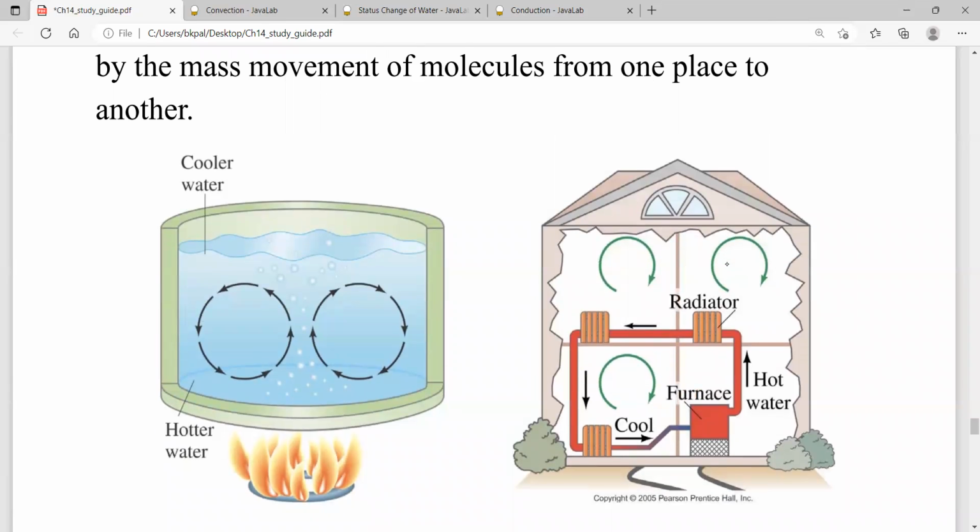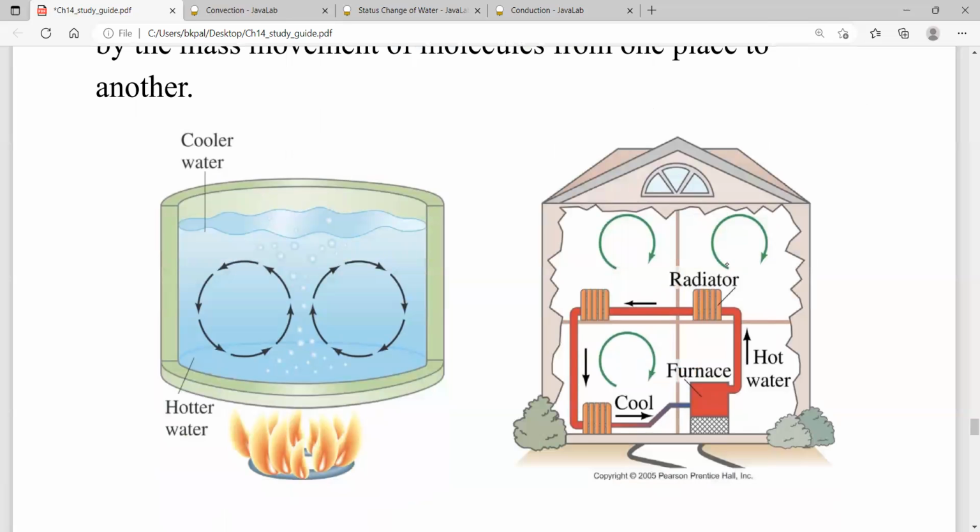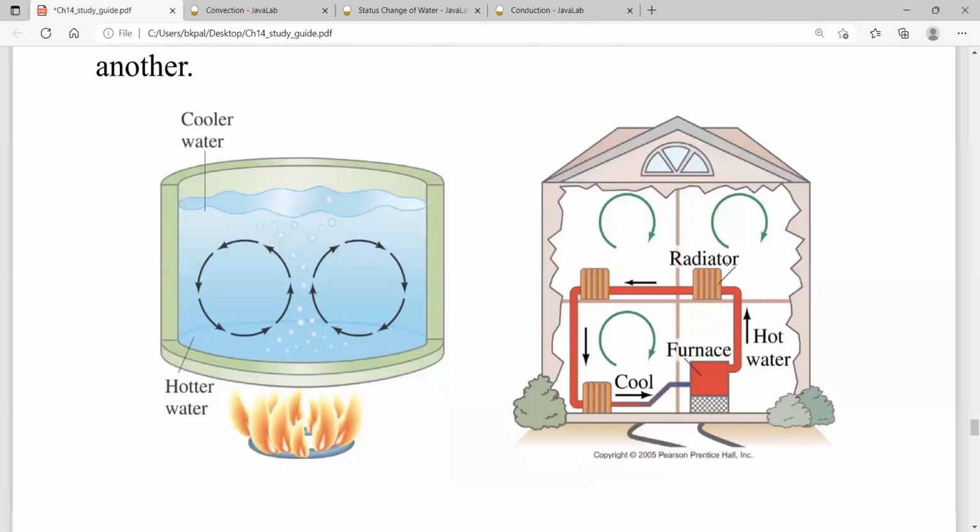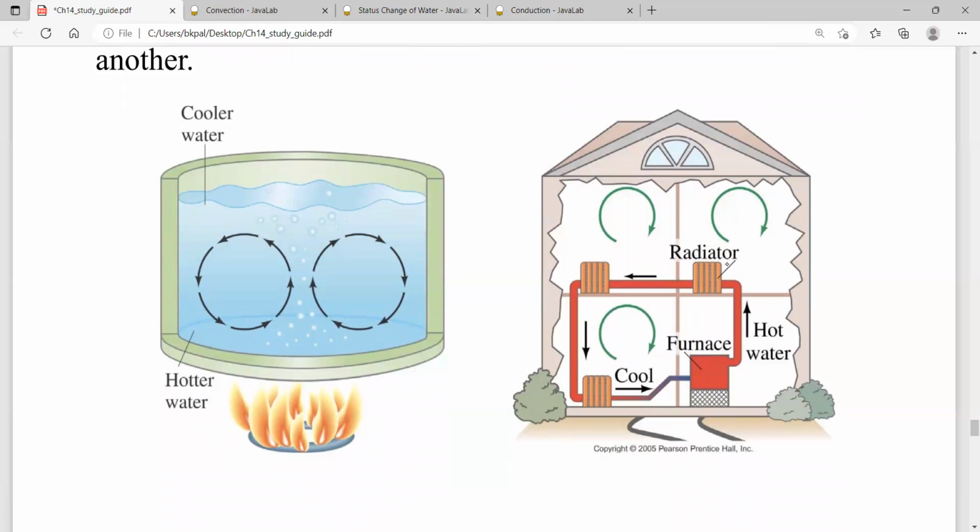So here we have two examples. One is the water and another is the air. So heat is transferring here by the method we call convection. Let me explain a little bit what happened here in the water, and it's the same thing for air. When you turn on the stove, the water molecules close to the bottom become warmer, and warmer molecules means they are less dense.